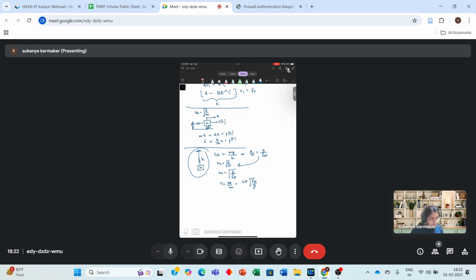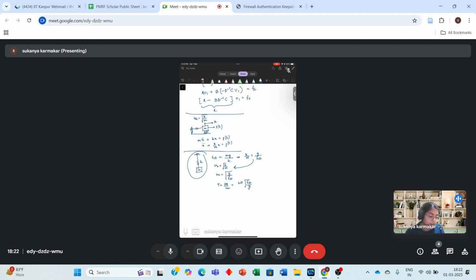Okay, so now the only doubt remaining is how omega n is the square root of k by m. That I will also see. Books refer to it as a definition, but what I think is, as I was telling you, this differential equation has the solution of a SHM, and they are relating it with SHM, and therefore the term omega n comes into the picture.